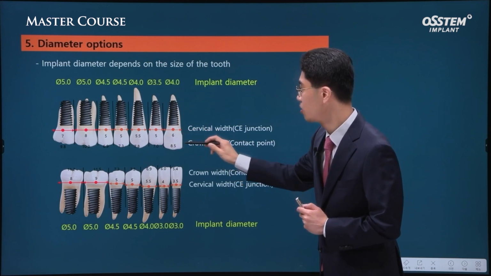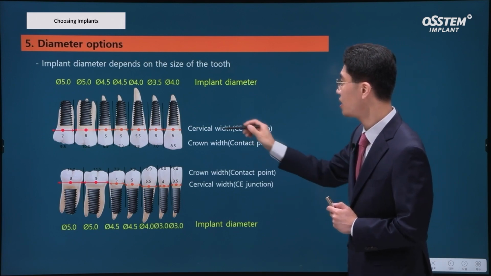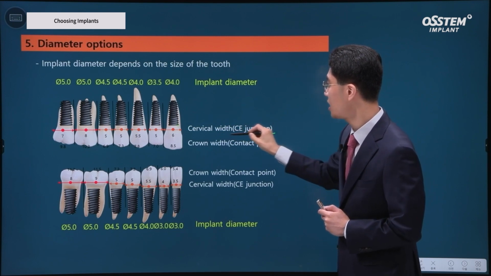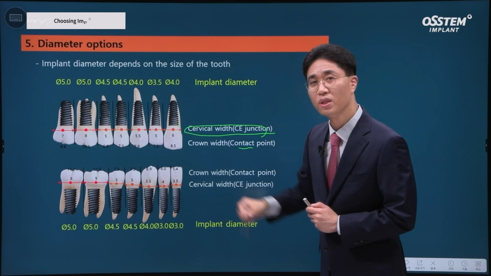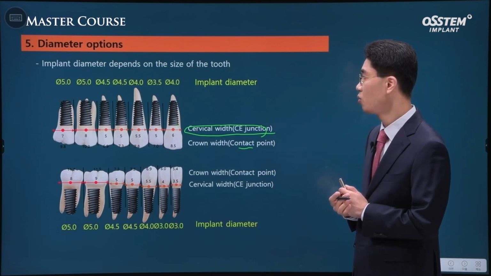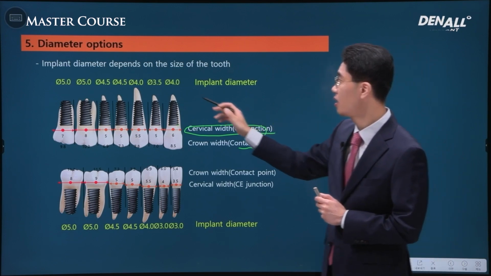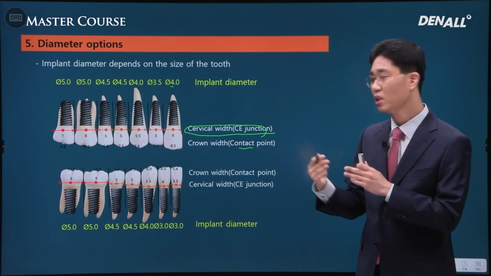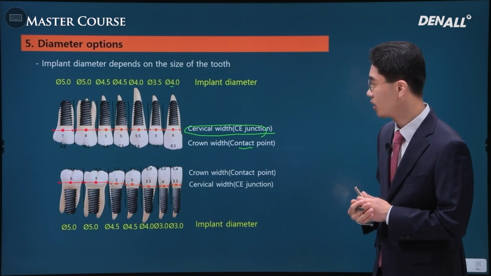Considering the mesiodistal width of the natural tooth, as shown on the image, the implant is placed lower than the CEJ of the natural tooth, so therefore the diameter should be smaller. Depending on anterior and posterior area, you need to choose diameters of 3.5, 4.0, 4.5, or 5.0.